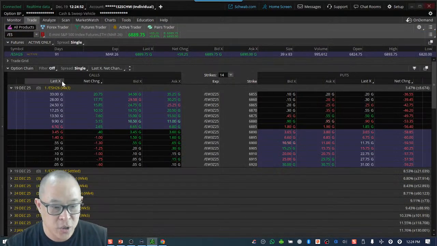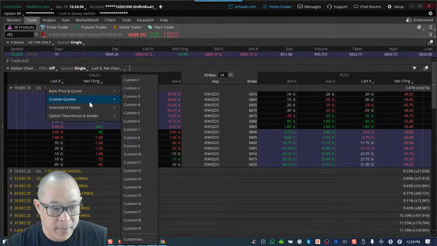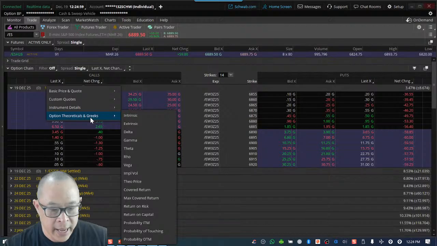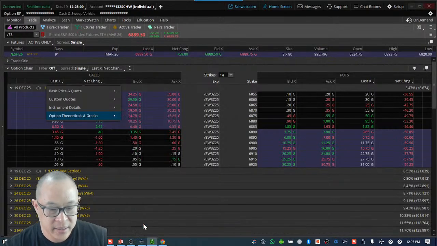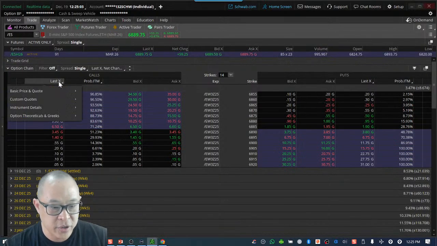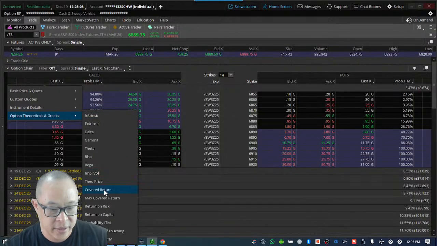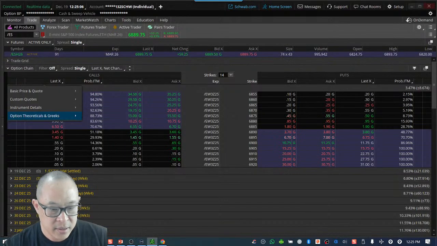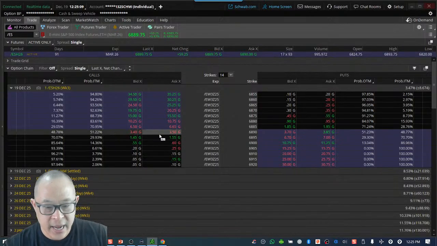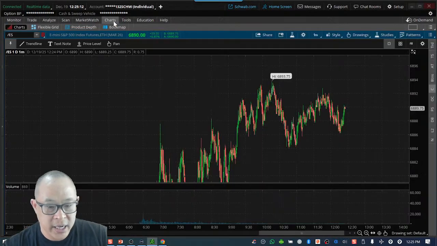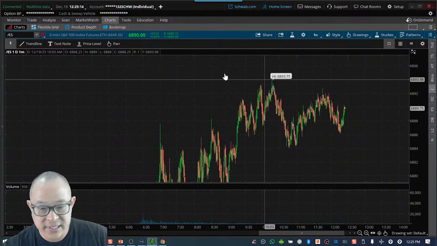So I like to go probability. Let's change this to probabilities, and this will be probability of in the money. And then, you know, another way you could do it is probability of out of the money, right? And so if I look at this, I can say the trade here, what's the chance of it getting above 6893?